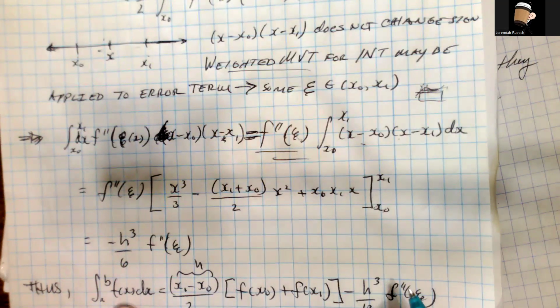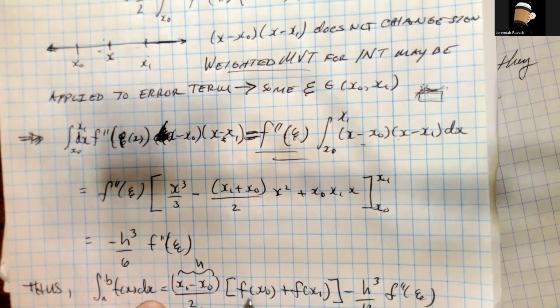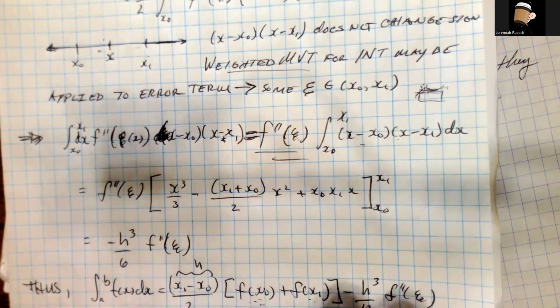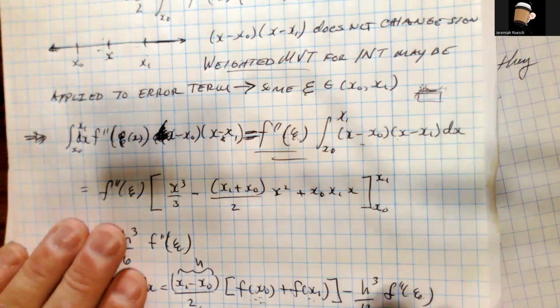So thus the trapezoidal rule, or the approximation scheme that we're going to use for the integral of f of x on the interval from a to b, is going to be h over 2 times f of x naught plus f of x1, basically the average of those two. You may recognize this in a different form, but this is actually the area of a trapezoid. Thus the name. That's the reason why it's called the trapezoid rule.